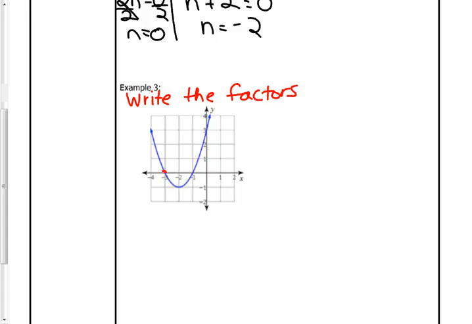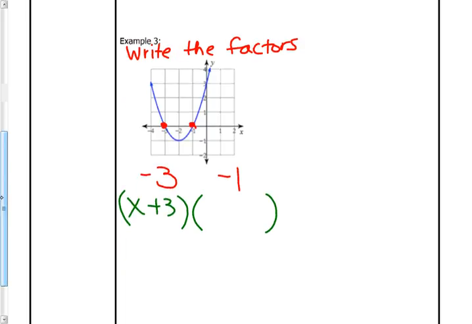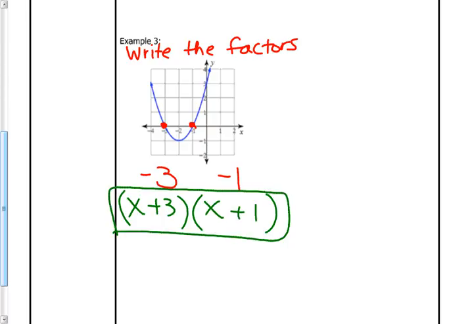Right now here we have a -3, and this one here is a -1, right? So if I have -3 and -1, then my factors are going to be the opposite signs, and we put our x's inside, right? So this would be x plus 3 and x plus 1. And those would be my factors.